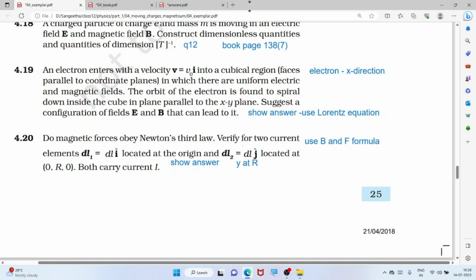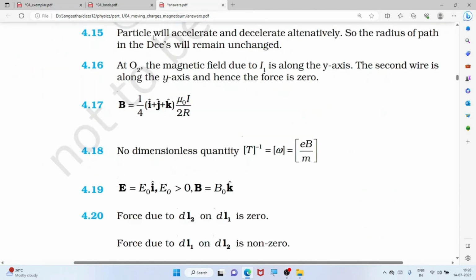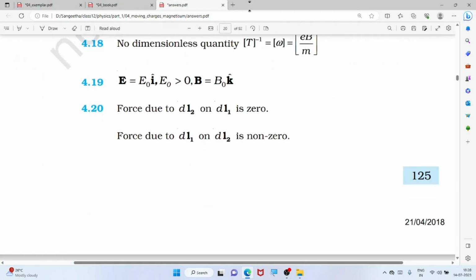The orbit of the electron is bound to the region. You have to use the Lorentz equation. Okay, this is the answer.